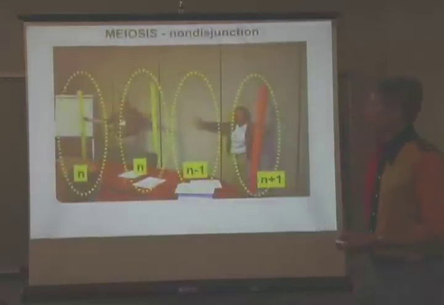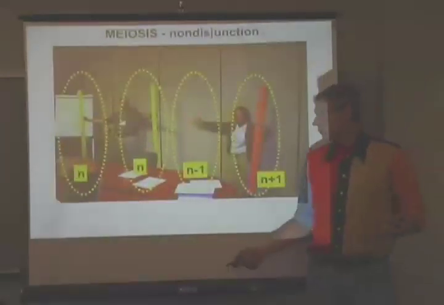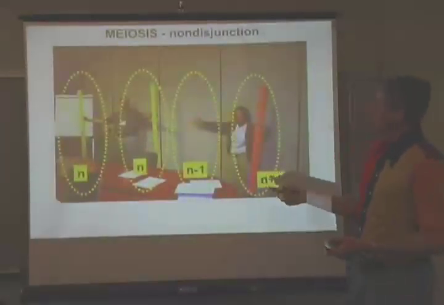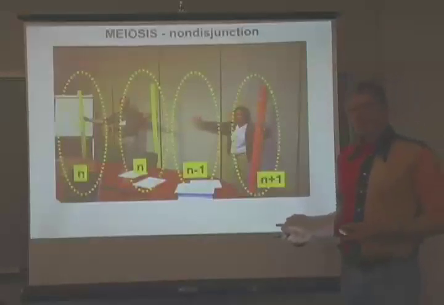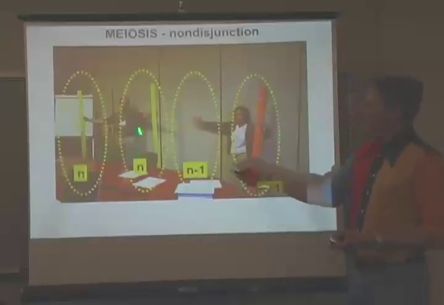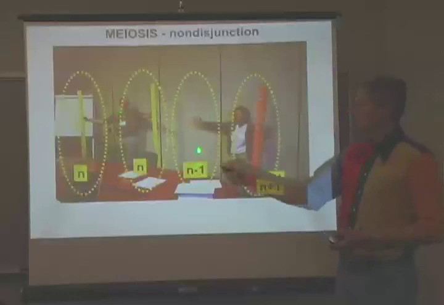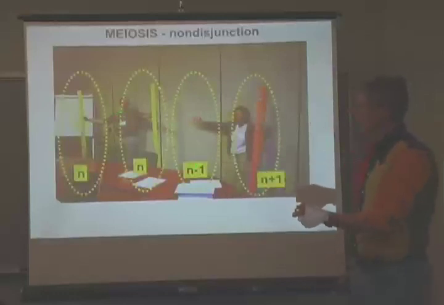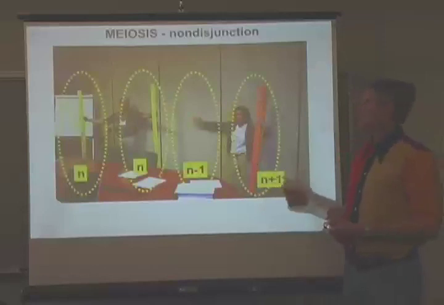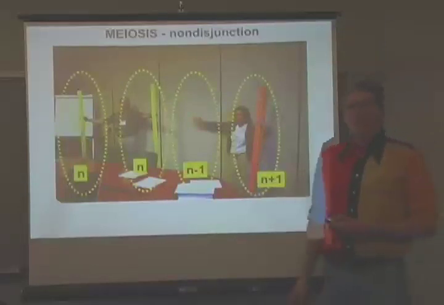So that looks like this when we have our friends with the noodles. You have a non-disjunction event causing aneuploidy. Here's the normal case. This one doesn't have this orange chromosome, and this one has 2 copies of it. You get an extra copy of that particular chromosome.